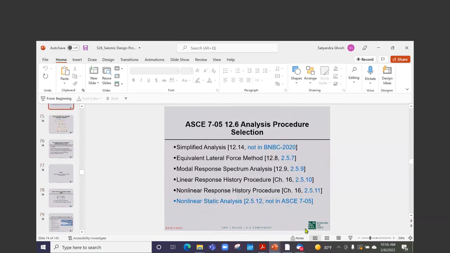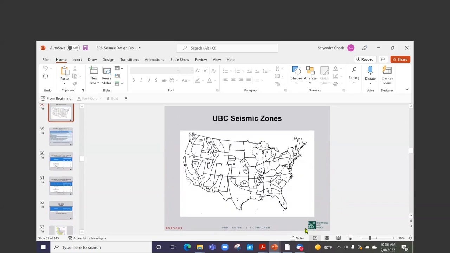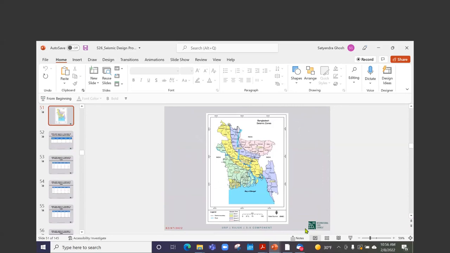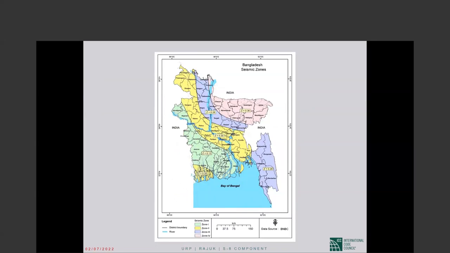Gazipur is shown on that. I see Gazipur, but from that writing, I do not know on what side of the line it is. So it is showing Gazipur district.